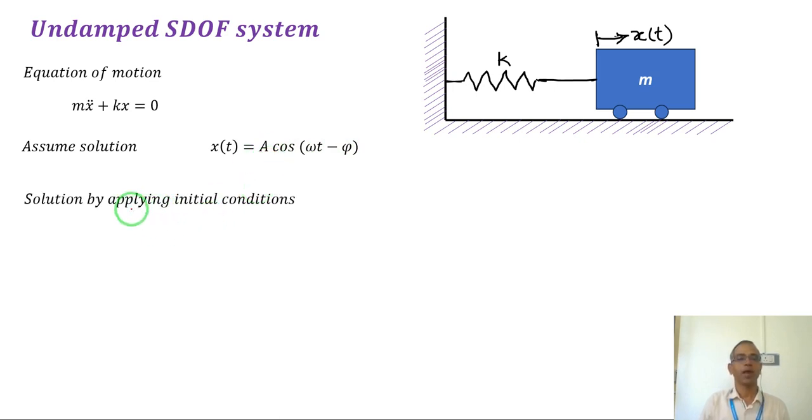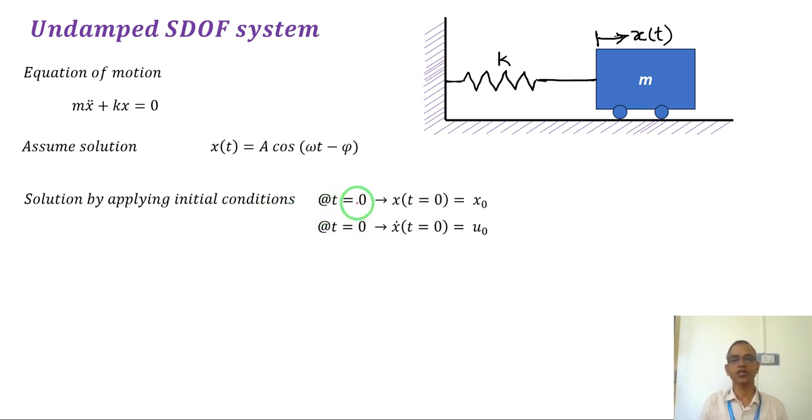Now applying the initial conditions to the system, that means initially the system has to be given an initial displacement and initial velocity, then set free, then the system starts vibrating. While it is vibrating, we can find out the response.